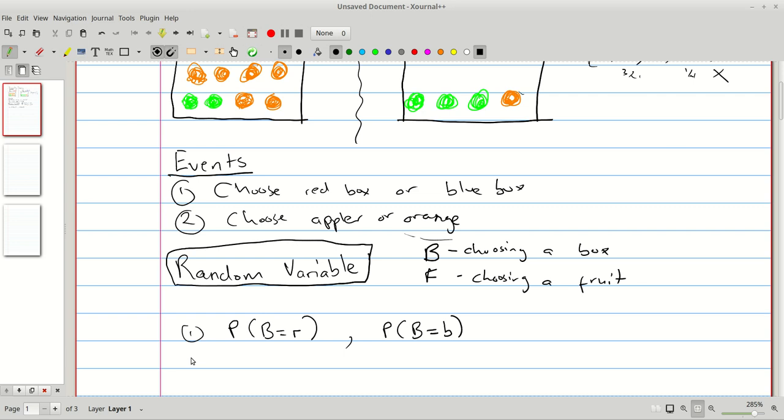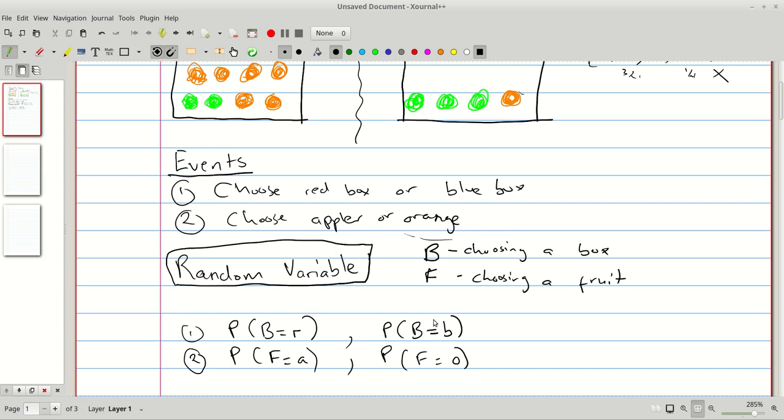The second random variable is choosing a fruit, so the fruit is either going to be an apple or an orange. This is how we express the events that we're going to make, and there's a probability associated with all of these events. This is just a way of expressing the things that we're trying to do here.